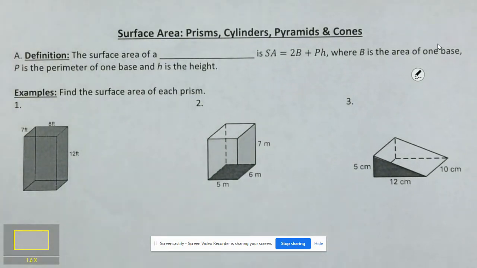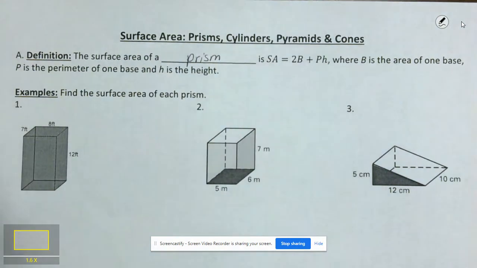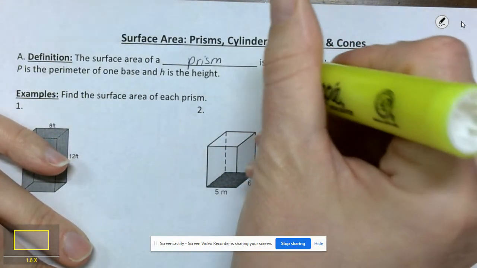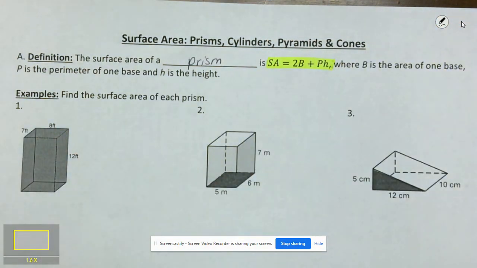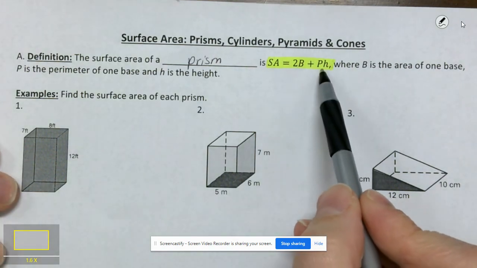In this video, we're going to learn about the surface area of a prism. So let's get the definition of that. The surface area of a prism, and again, we represent surface area SA, is SA equals 2 times that capital B, which represents the base area, plus PH.